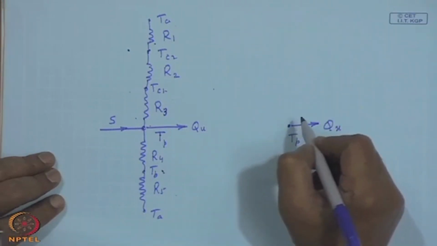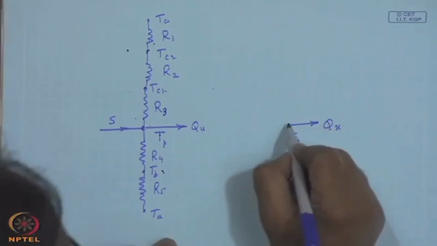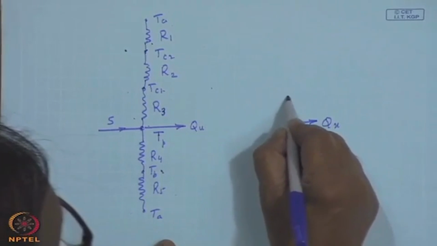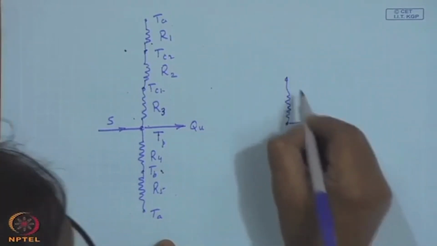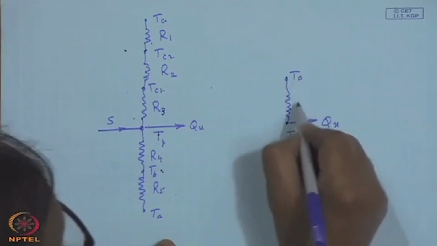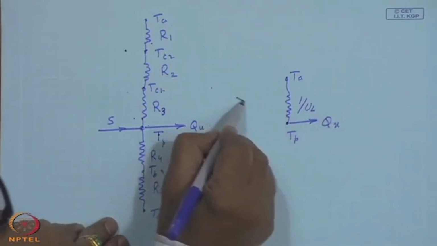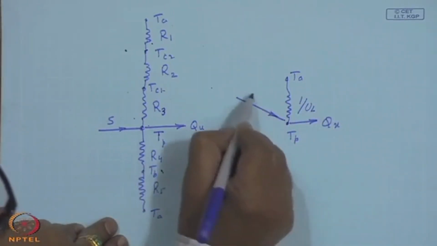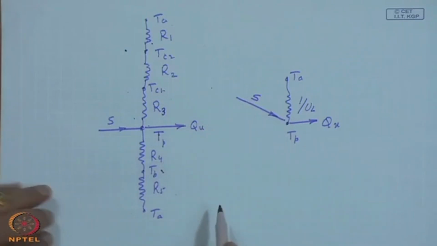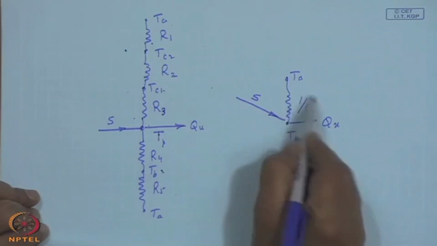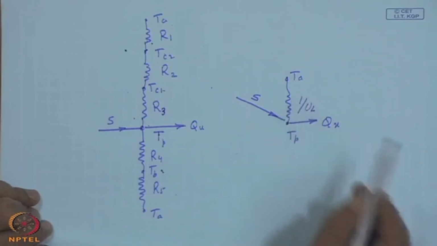The loss is T a, 1 upon U L, and the incoming radiation is absorbed radiation S. Okay. So, we have to find out U L or 1 upon U L.